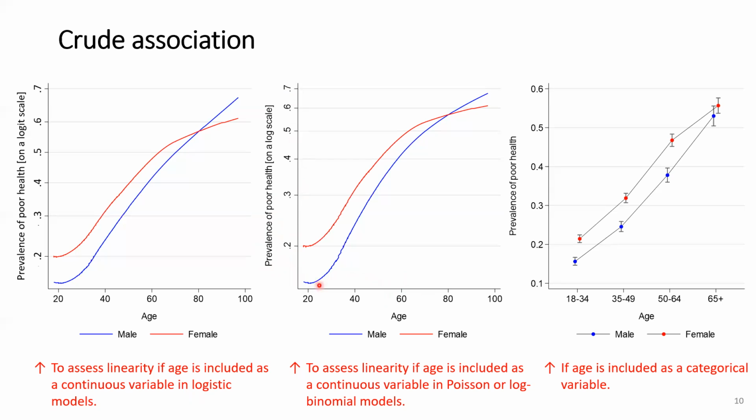And now for the male population, the association is also not linear, but we see some kind of curve, and for female, like this. So now we are going to compare different models, and it doesn't seem reasonable to add age as a continuous variable. So we decide to include age as a categorical variable because we don't have to assume the linearity assumption.